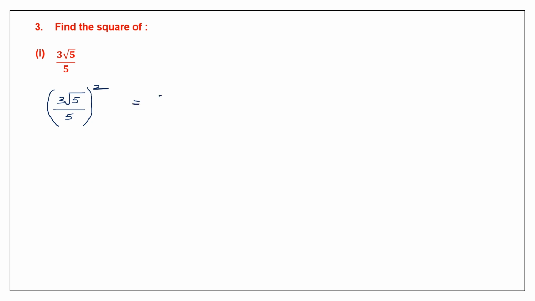So this is going to be 3 into 3 into root 5 into root 5, and down we have 5 into 5. So let's simplify this. 3 3s are 9 into root 5 into root 5 makes it just 5, and down we have 5 5s are 25. Now we can cancel 5.